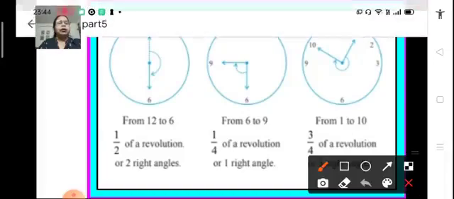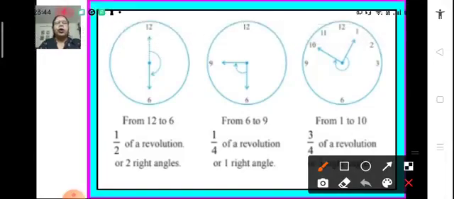When the hand of a clock moves from 12 to 6, that means it moves through half of a revolution, or it forms two right angles, that means a 180 degree angle, which is a straight line.